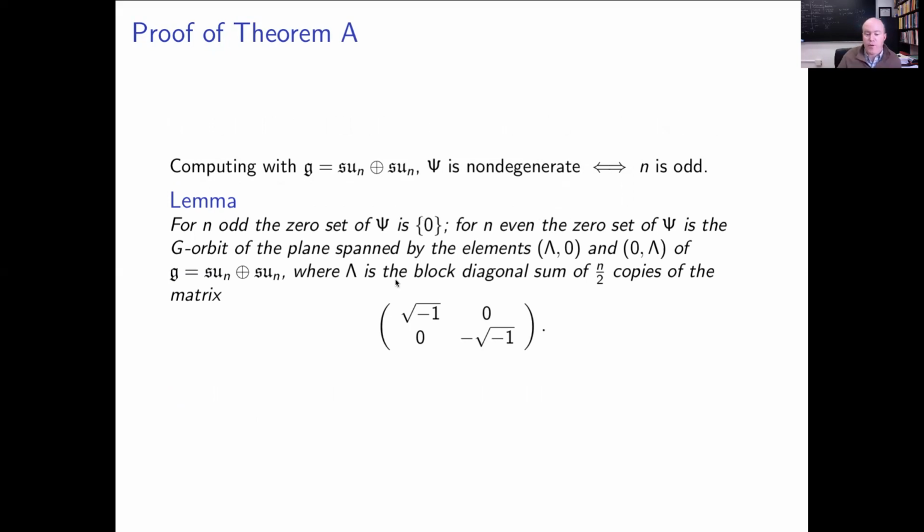But for example, the zero set when n is even is given by these 2x2 block matrices, and there are n over 2 copies of them. So you can see that won't work if n is odd. You won't be able to fit these blocks of 2x2 matrices along the diagonal into such matrices. And so that's why the theorem works when n is odd, because it's crucial that this generator is not degenerate.